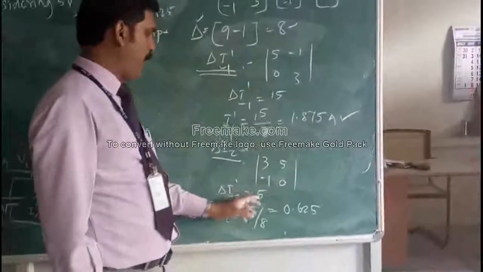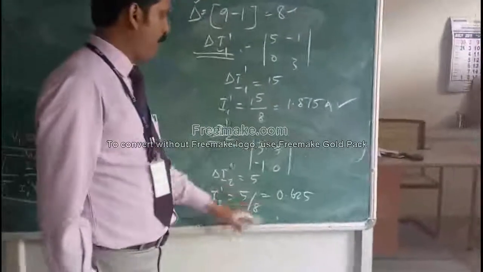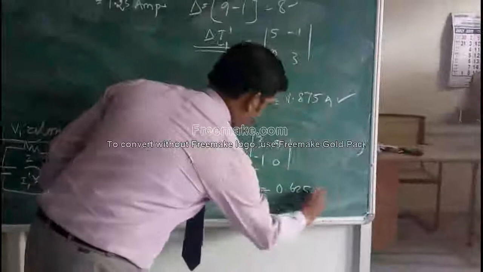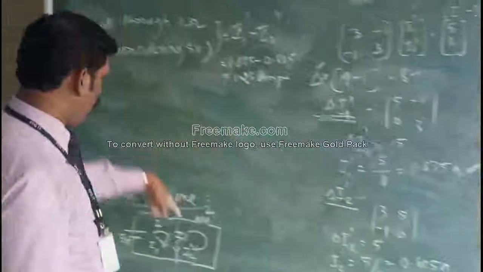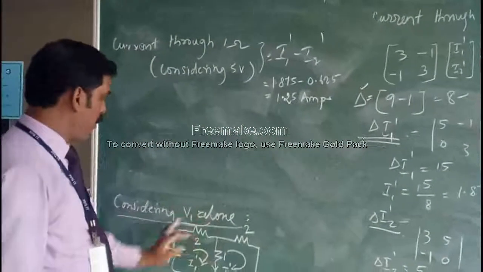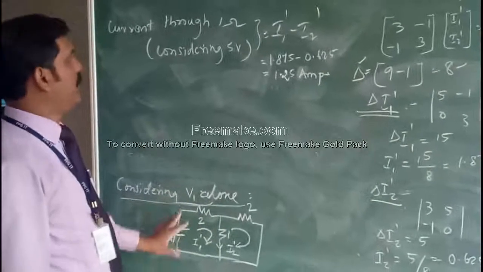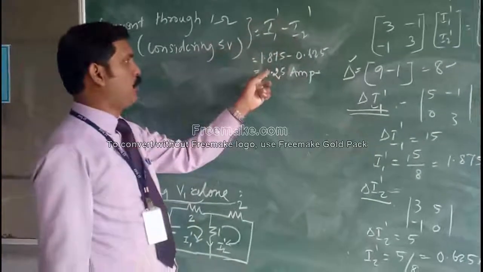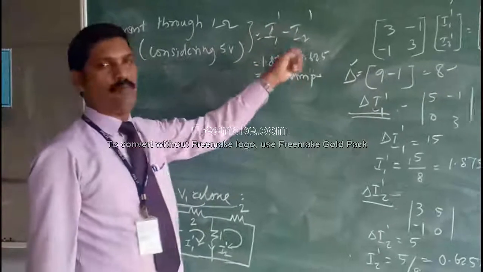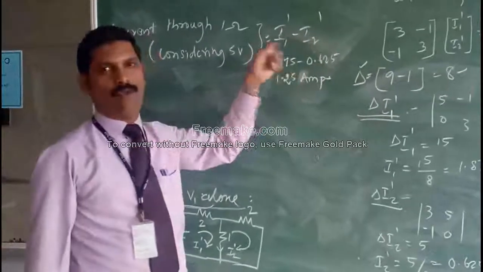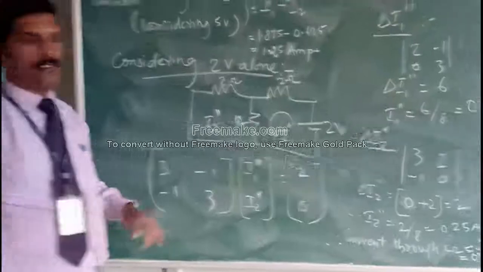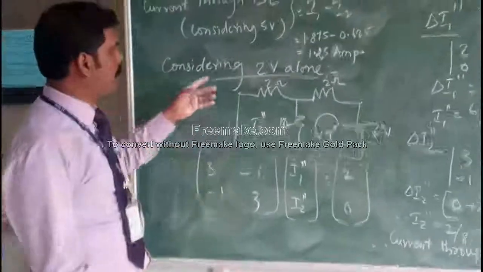So del I2 dash is 5, so I2 dash is equal to 5 by 8, which is 0.625 ampere. So the net current flowing through this 1 ohm, because of only the 5 volt voltage source in consideration, is I1 dash minus I2 dash. So it is 1.875 minus 0.625, which is 1.25 ampere.